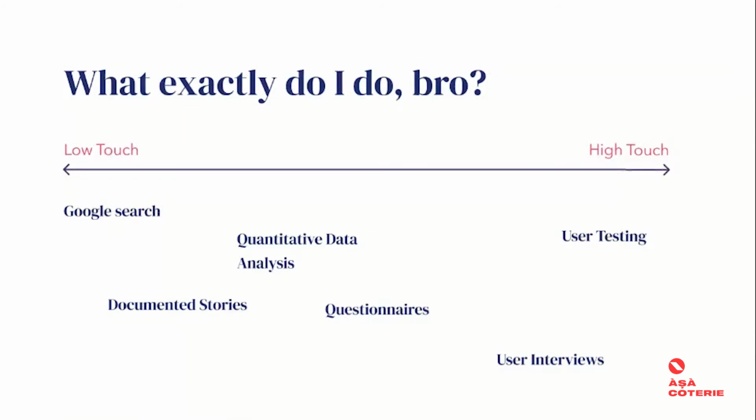Now, there are documented stories, which is you sketching out what exactly the story is behind this particular application. There's quantitative data analysis: should we start analyzing data? Cheap stuff, questionnaires. Then the more it goes towards the right, the more costly it is, and by cost I don't mean money, I mean time, resources, stuff like that.